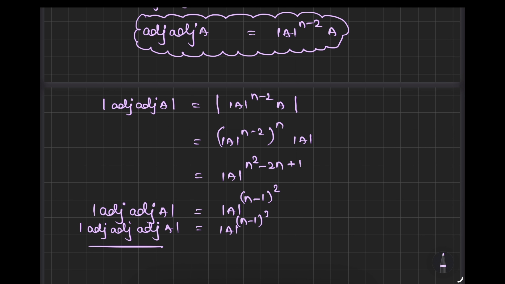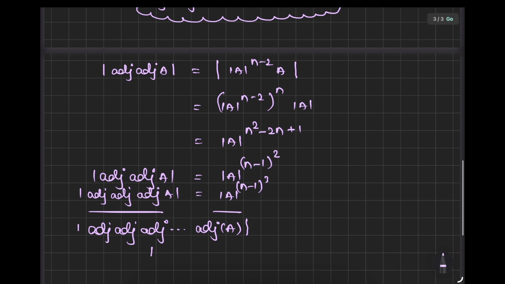So suppose that this thing keeps on going, so it is adjoint adjoint adjoint, and then at the end also adjoint of A. Suppose it is k times. Why k times? I am not taking n because n is already being used. So adjoint is used k times. So can I write determinant of A power n minus 1 for sure, always, and then k. K decides the number of times you have used adjoint.